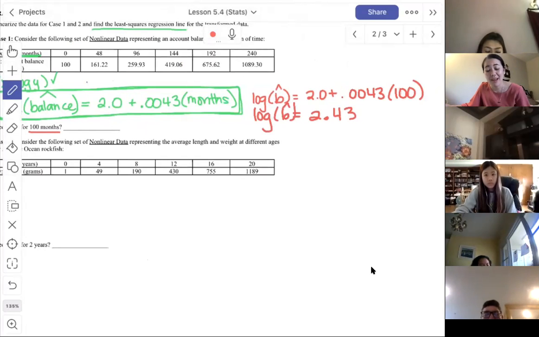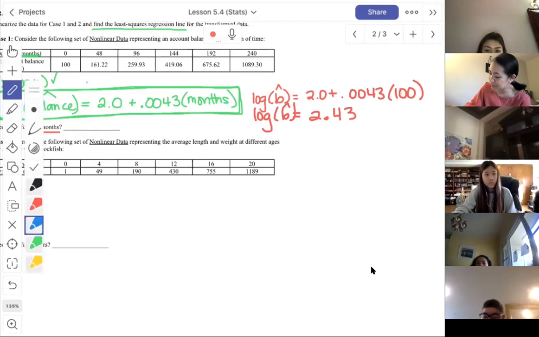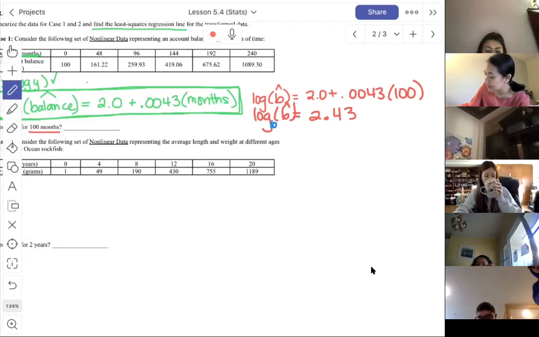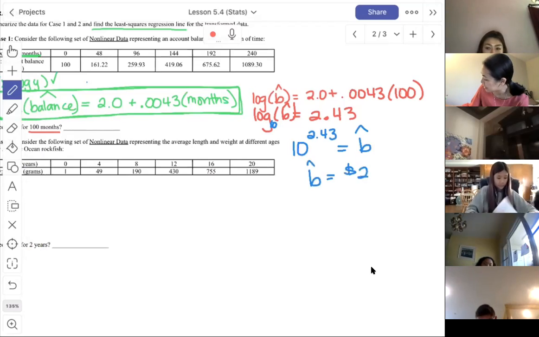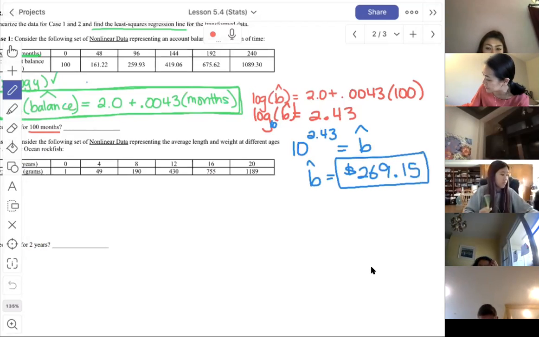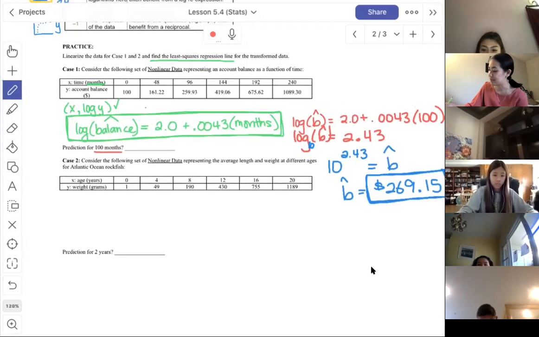So now this is where that warm up hopefully will come in handy. Remember, log base 10 is understood. So that means 10 to the power of 2.43 is equal to the predicted balance. And that gives us a predicted balance of $269.15. And that is your final answer.